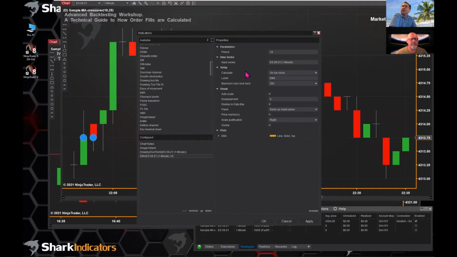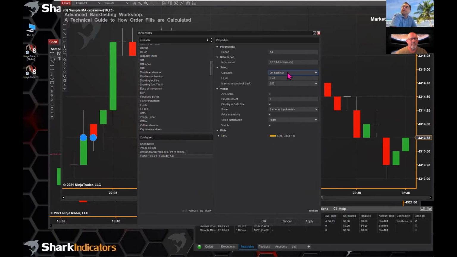Most indicators calculate only when the bar closes. But you can get your indicator to calculate on the bar that's forming, the bar that's building. You can get your EMA to calculate on that building bar by setting the calculate to on each tick. So your indicator's calculating internally on the building bar.